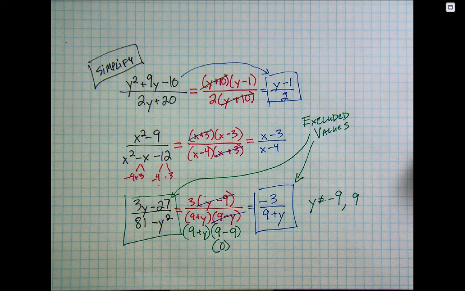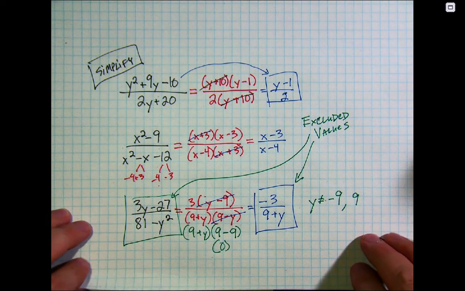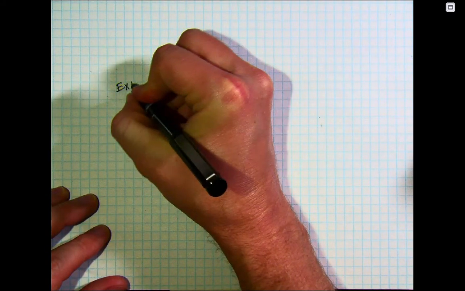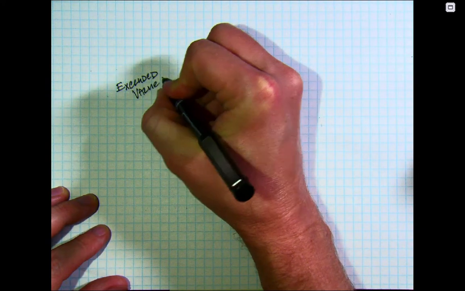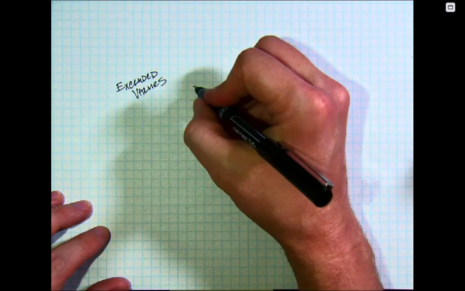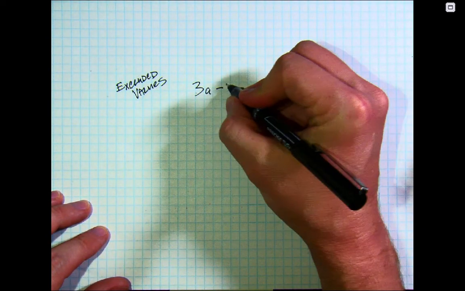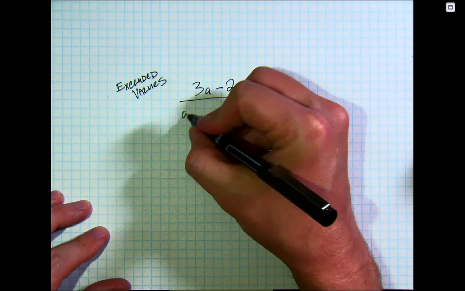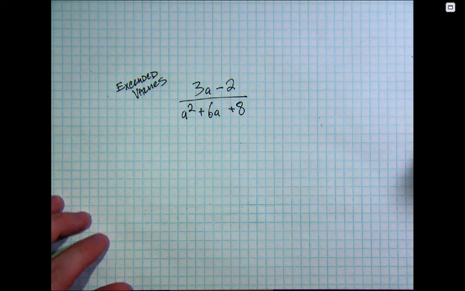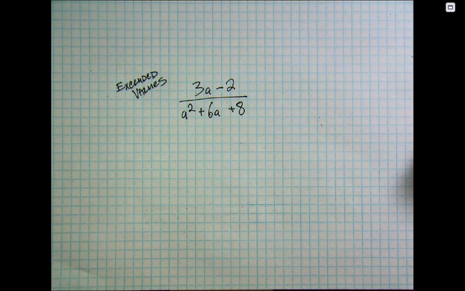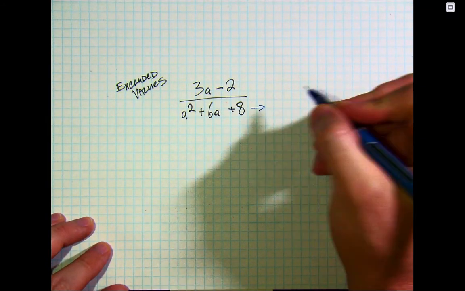Okay, easy enough. Should we try one more excluded values? Sure, why not? What are the excluded values of the following rational expression? In order to know what a can't equal, I'm going to have to factor.